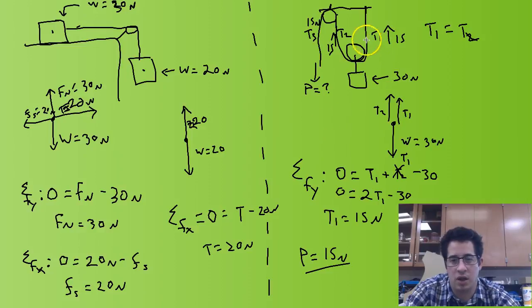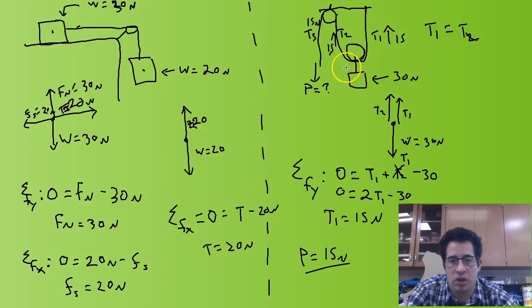Okay, and so this is why pulleys are useful. They allow you to hold something that's heavy by using less force. Okay, and there's going to be force pulling on the ceiling right there, and force pulling on the ceiling right there.